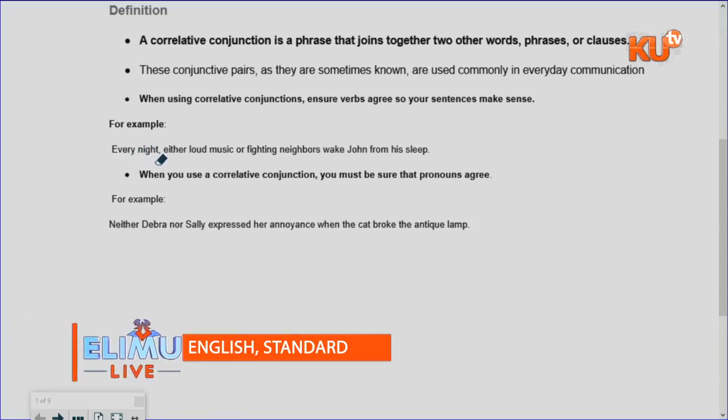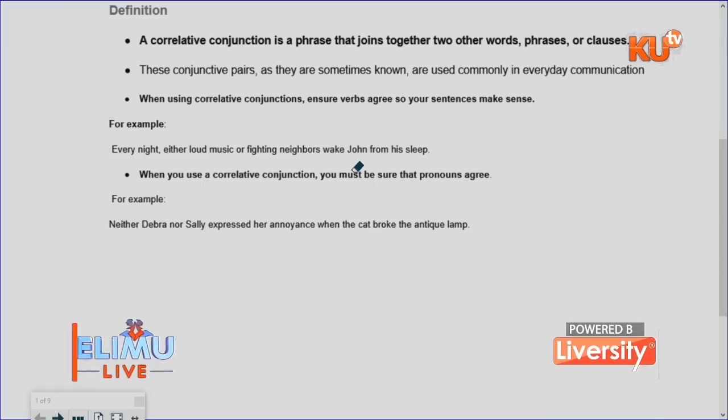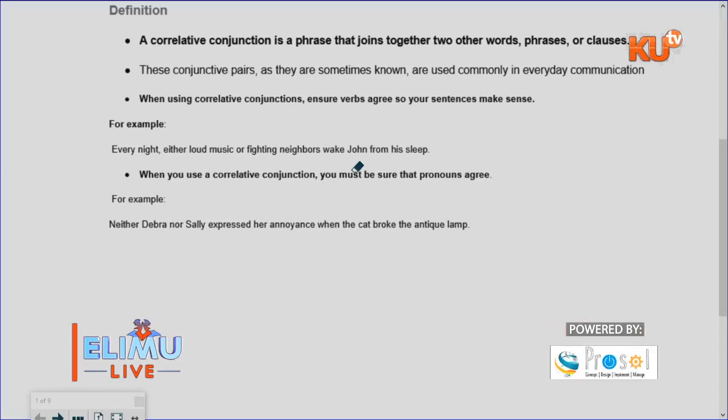Every night, either loud music or fighting neighbors wake John from his sleep. So either-or is used there as a pair of correlative conjunctions which joins those independent clauses.